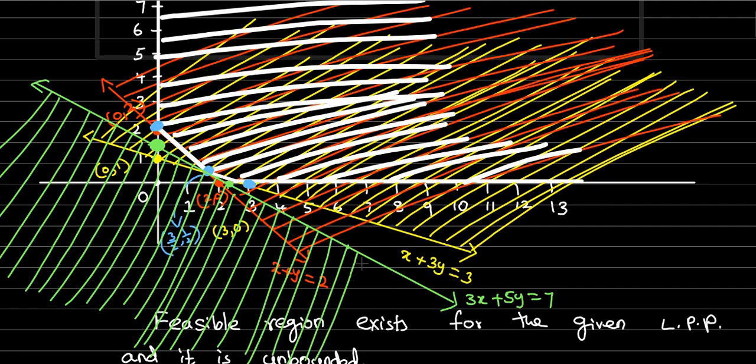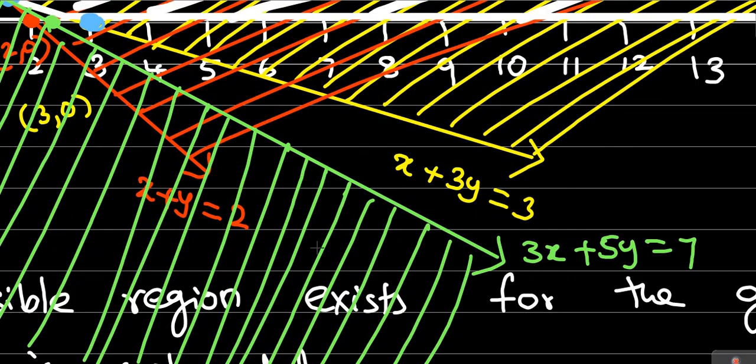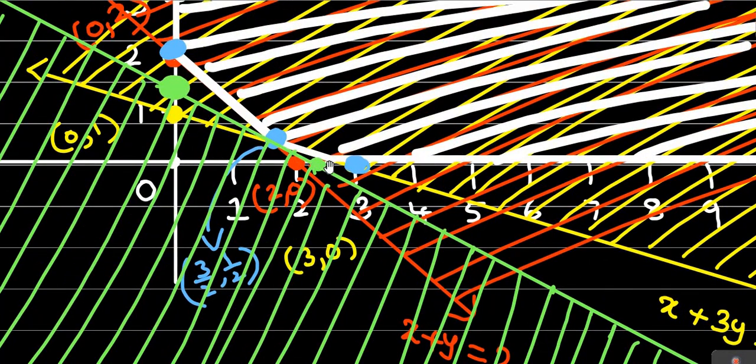Now you can notice one thing. For the feasible region and the graph of 3x plus 5y less than 7, do you see any common solution? No, it's not overlapping at all.